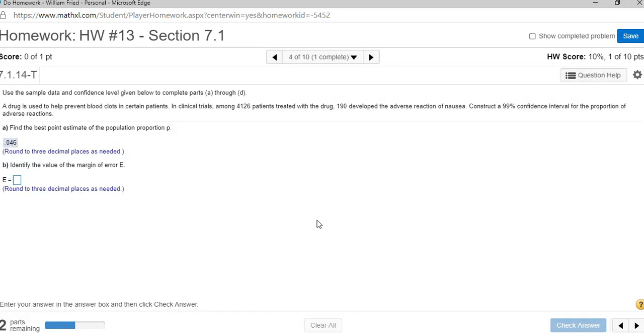The margin of error is the distance from the endpoint to the middle of this confidence interval. So I'm going to have to calculate this. 0.05445 minus 0.03764. And that's the whole width of the interval. And then I'm going to take half of that distance to get the answer.